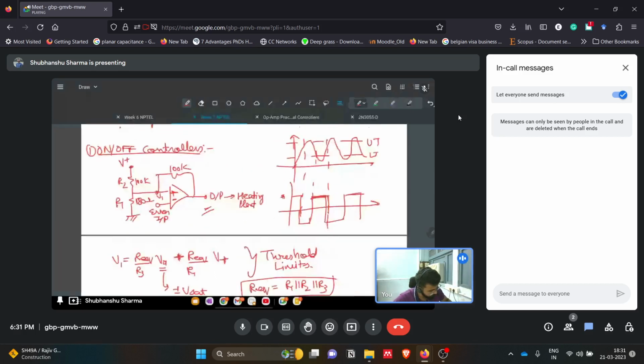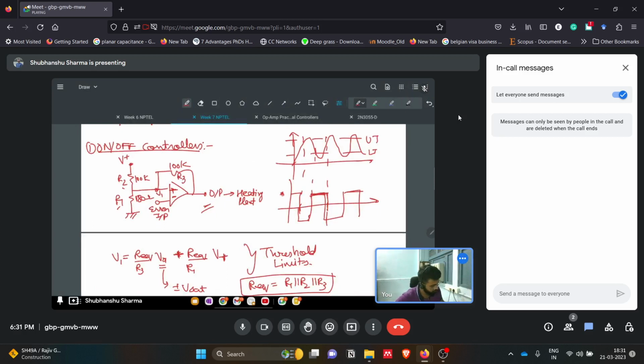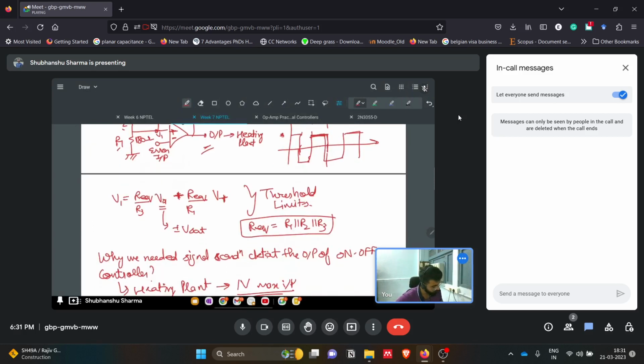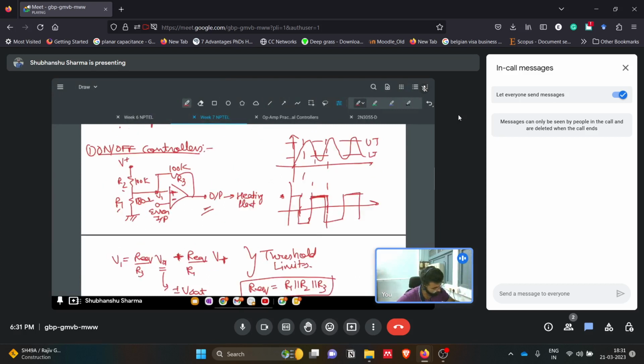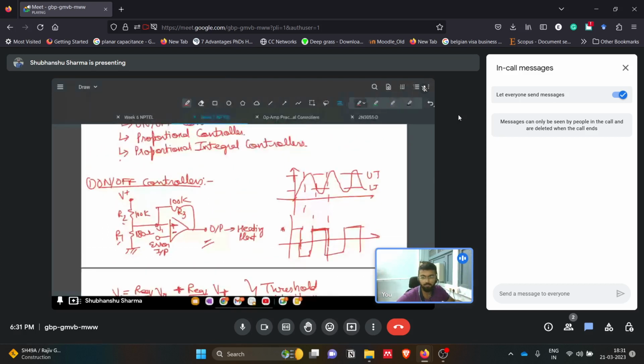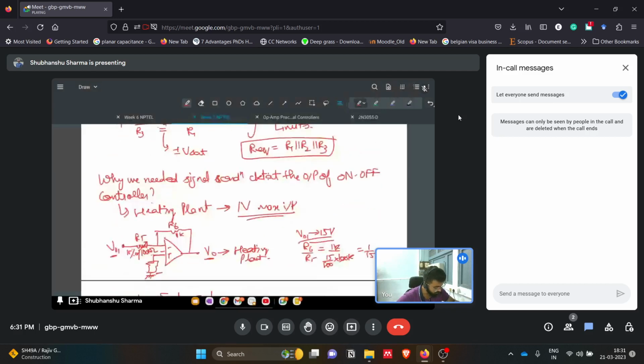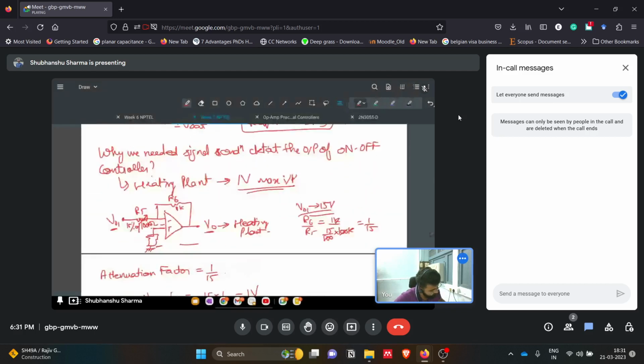That is this one and this R3 resistor. So in this way we can give input to the heating plant circuit using this on-off controller. We realized an on-off controller here, and we also used a small signal conditioning circuit here, so as to decrease the voltage of the on-off controller, as we are getting a very high output from it, that is 15 volts.